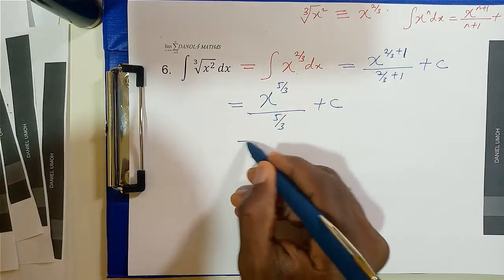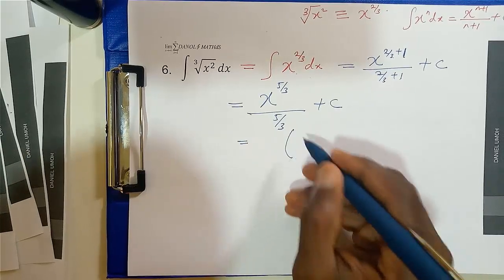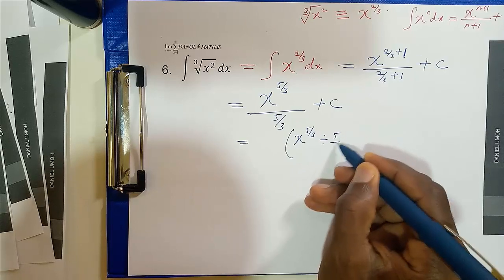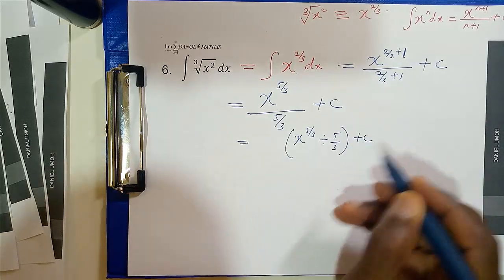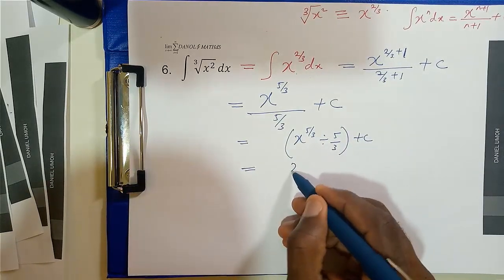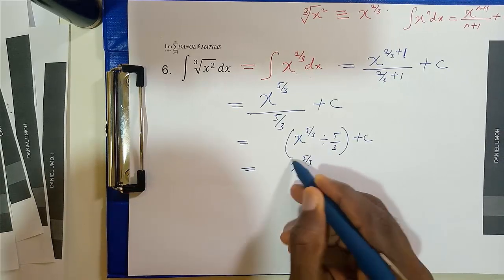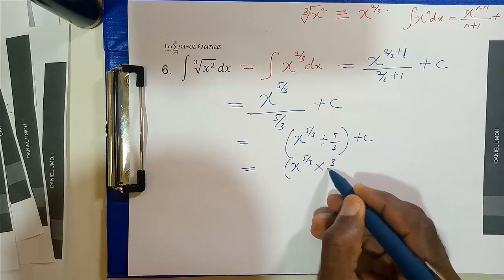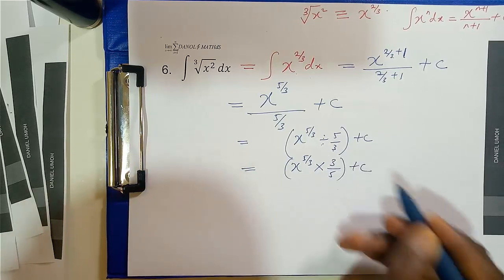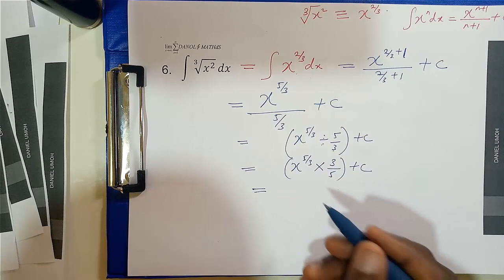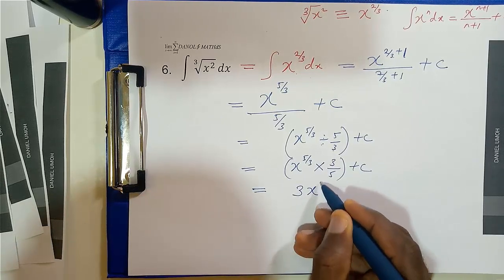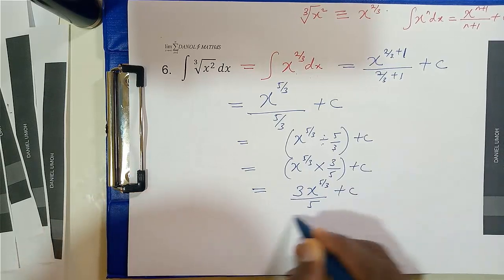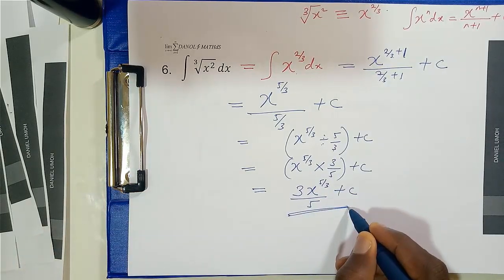What this simply means is x raised to the power of 5 over 3 divided by 5 over 3, then plus c. You change the division to multiplication and invert this, so we have 3 over 5 plus c. This will now give me 3x^(5/3) over 5 plus c. And that's the answer.